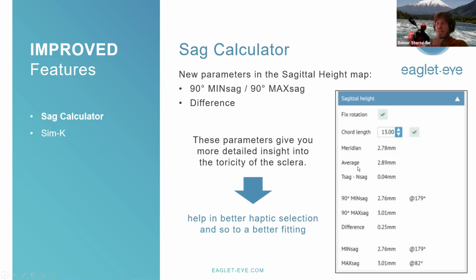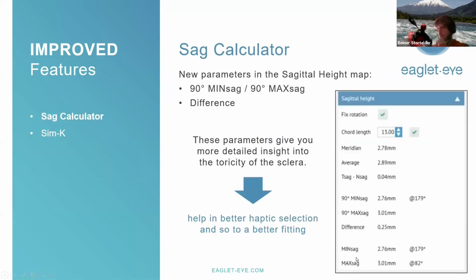We now name it average, which is hopefully easier to understand. Before we were also showing the values for the temporal and the nasal sac. We now only show the nasal temporal difference because we believe that's the most important. What is the difference between the nasal and the temporal side?